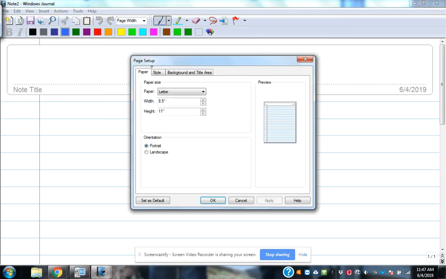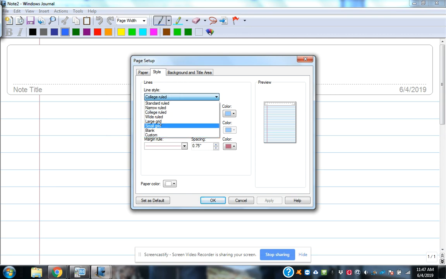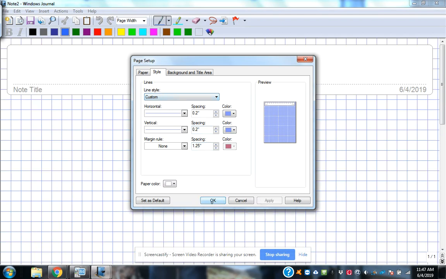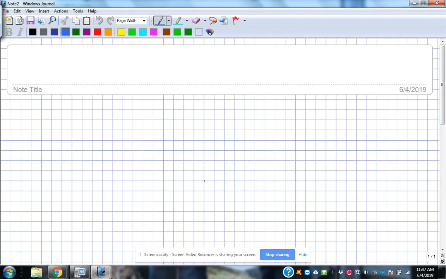So if you've got graph paper, you are welcome to use it, but you don't have to have it for what we're doing here. You can kind of see the grid that's going on there.